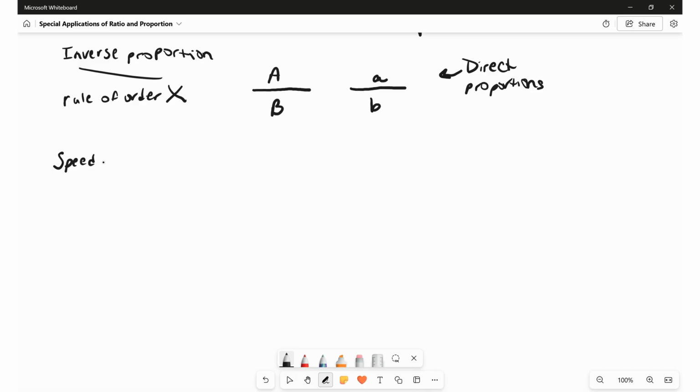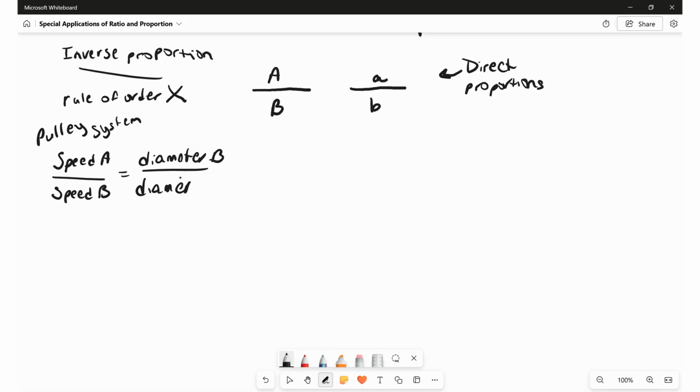So we have the speed of A, and here we have the speed of B, and this is a pulley system. Okay. So because this is an inverse proportion, we would have the diameter of B on top and the diameter of A. Okay.